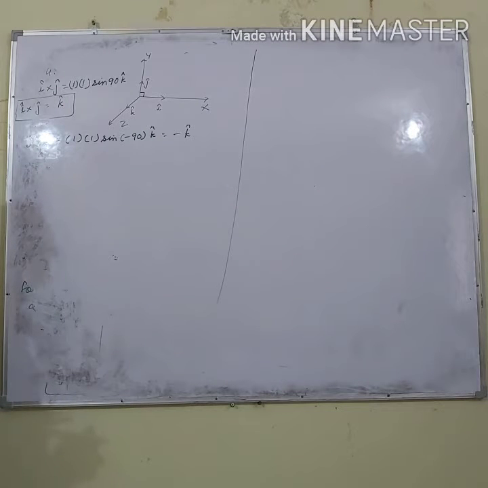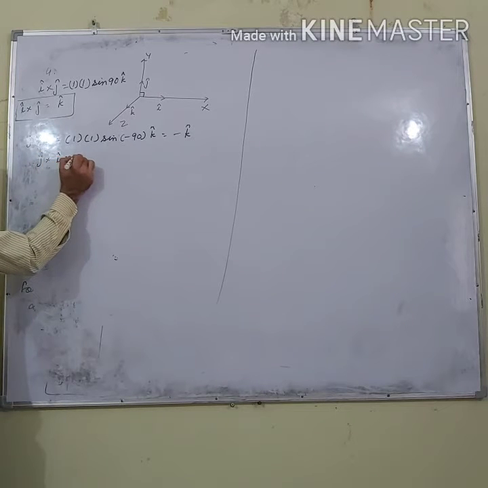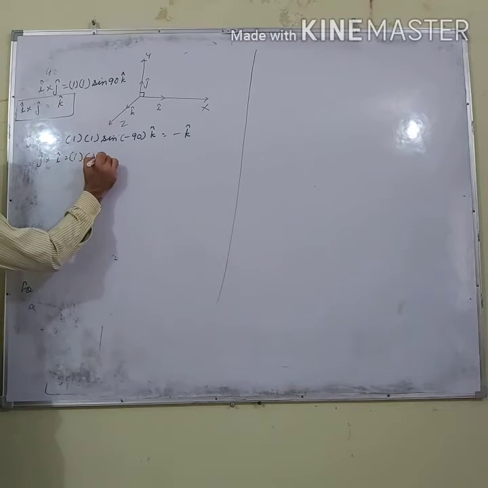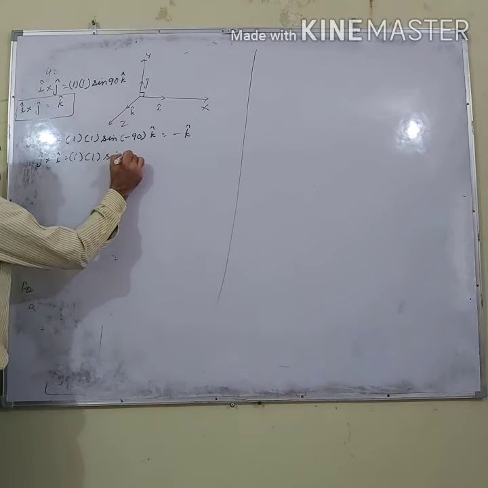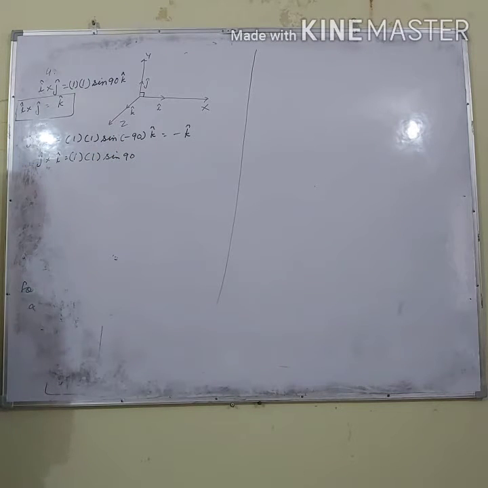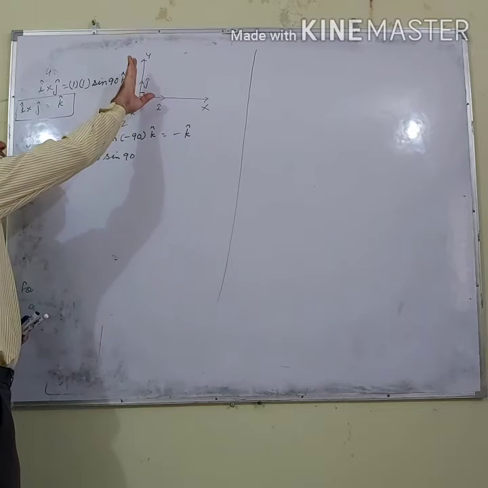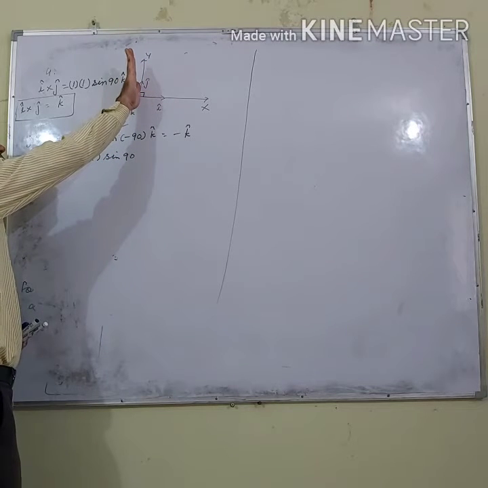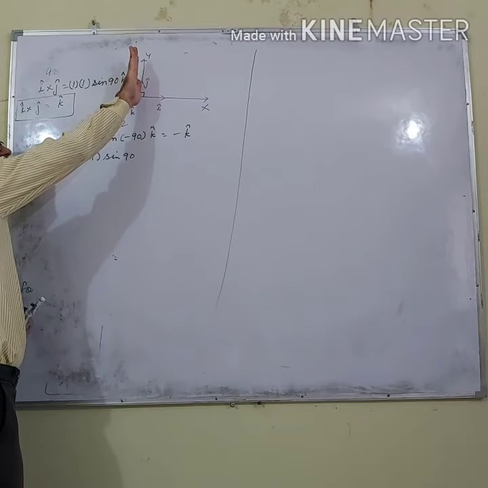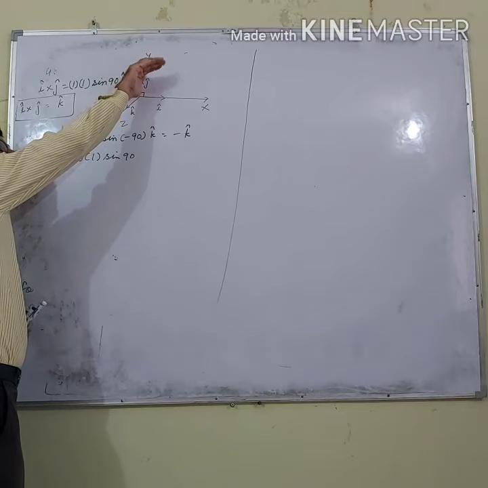There is also another way of explaining that. If you don't want to use this minus 90 degrees, you can say j cross i, definitely magnitudes are 1, and sine 90. Keep your right hand here. Curl your fingers from j to i.